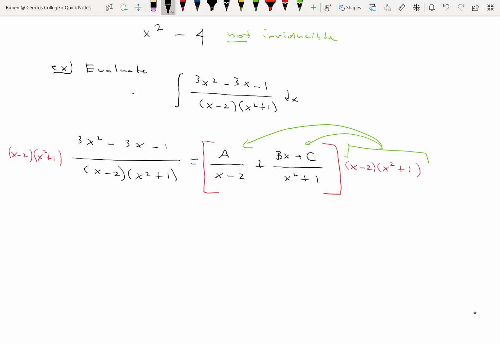So the left-hand side gives us 3x squared minus 3x minus 1. The right-hand side gives us a times x squared plus 1 plus bx plus c times, oops, nope, x minus 2.